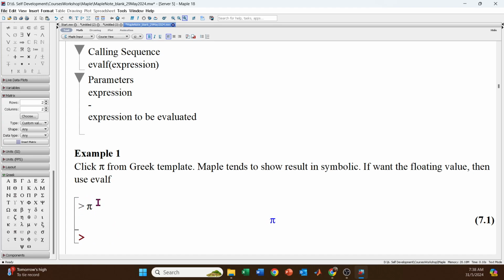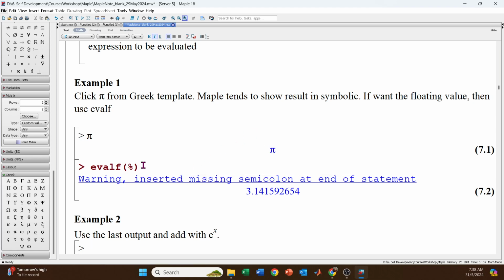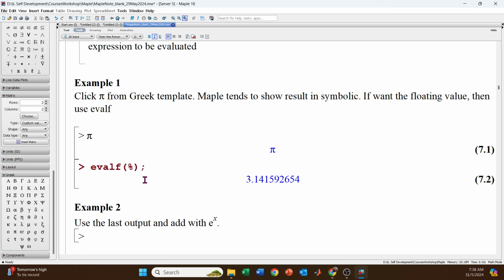So if you want to change pi to 3.14 something, evalf percent. This one I think is followed by the Maple templates. In Maple, you need a semicolon.